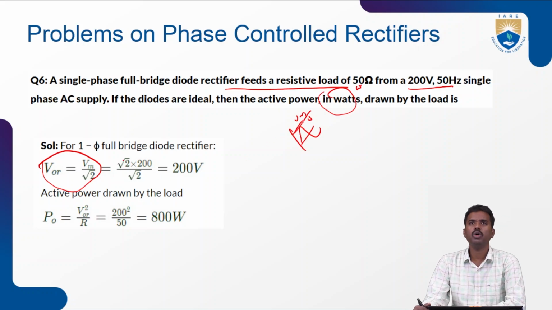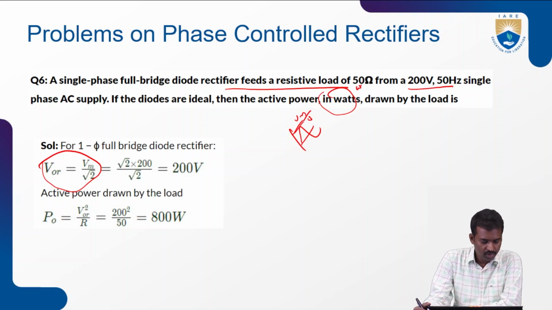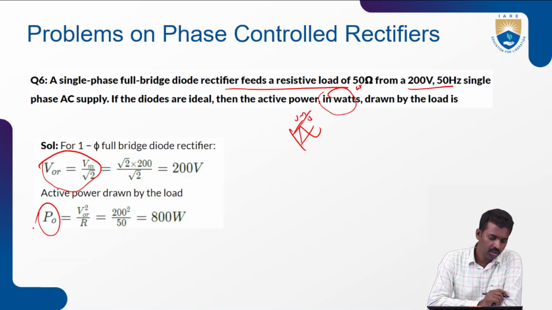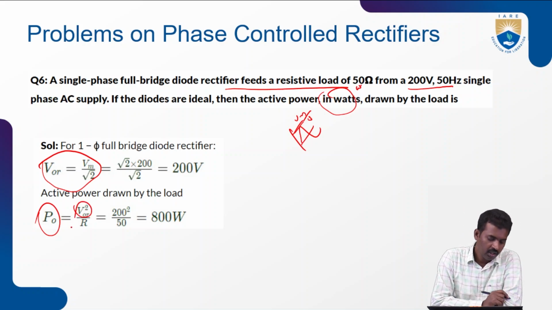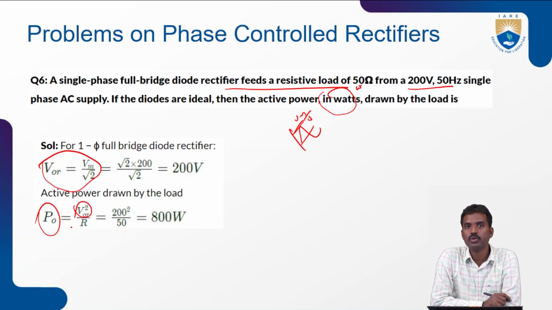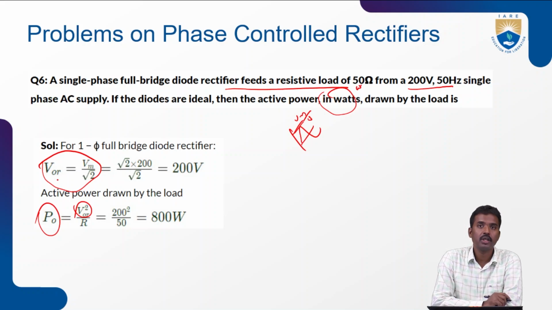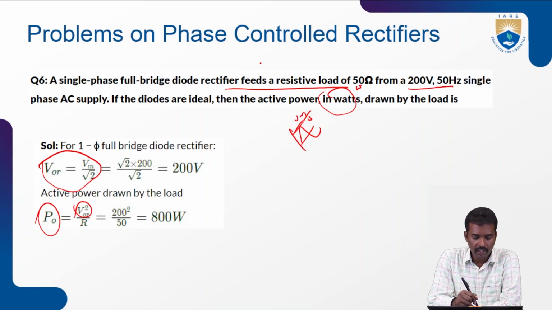So first, the active power formula equals V0 RMS square by R. So here we need V0 RMS, the output RMS voltage. Output RMS voltage equals Vm by root 2. How do we calculate Vm?